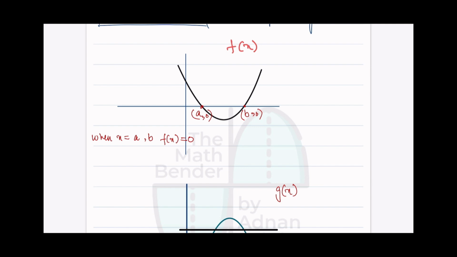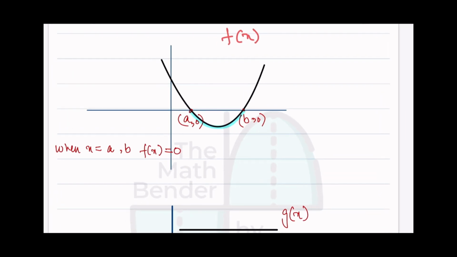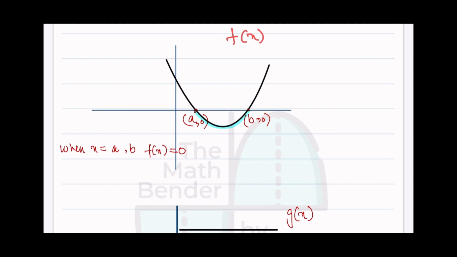But let's see this region, the one highlighted right now. As you can see, this is below the x-axis and it is negative, so we can say f of x is less than 0 when the values of x are between a and b.